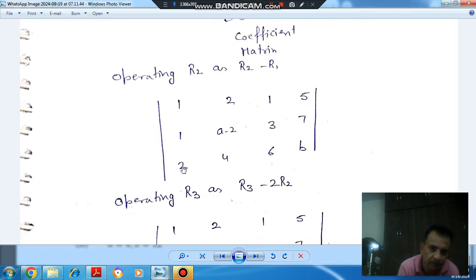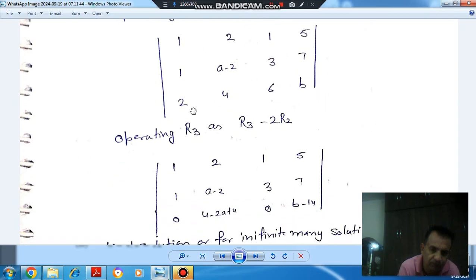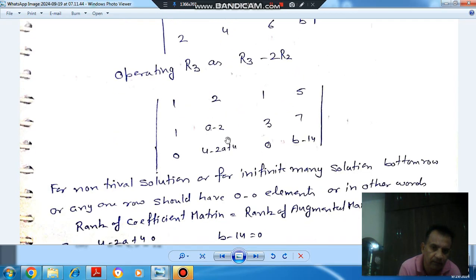So 2 minus 2 is 0, and here 6 minus 6 will be 0. So these two elements have become 0. Now this element is 4 minus 2 times (a minus 2), which is 8 minus 2a, and this is b minus 14.